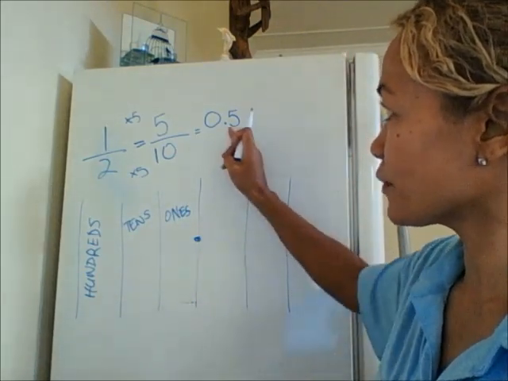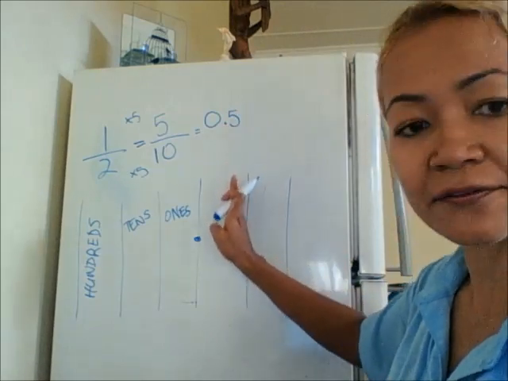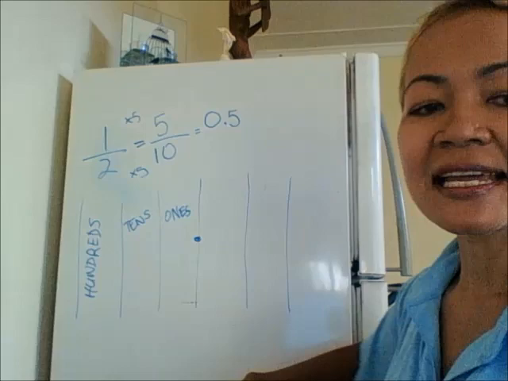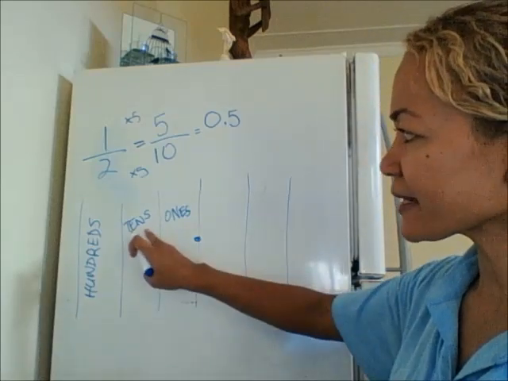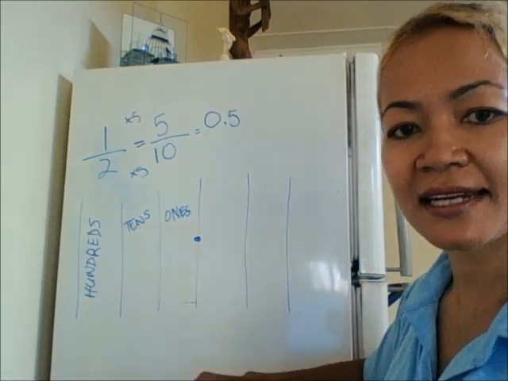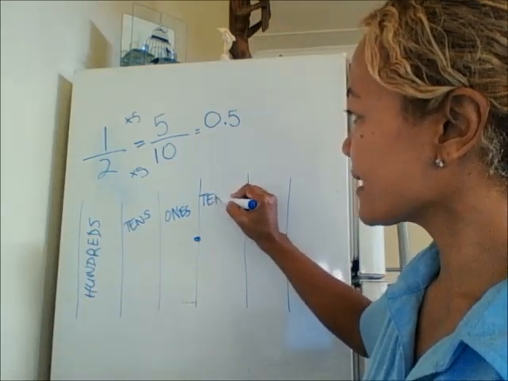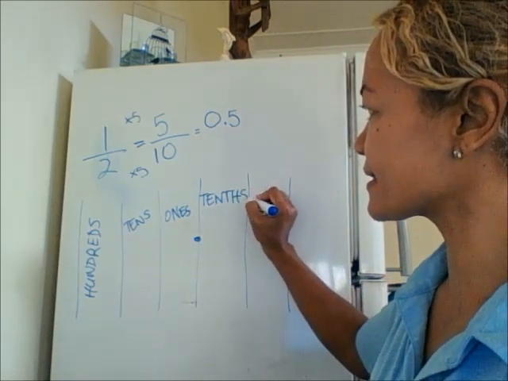After the decimal point, the first column is not ones on this side, it's tenths. So same spelling as here, except you've got a T and an H on the end of it. Tenths.